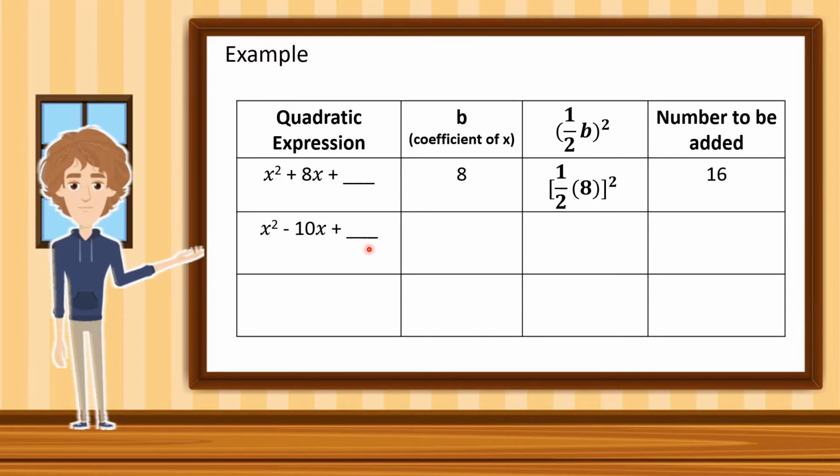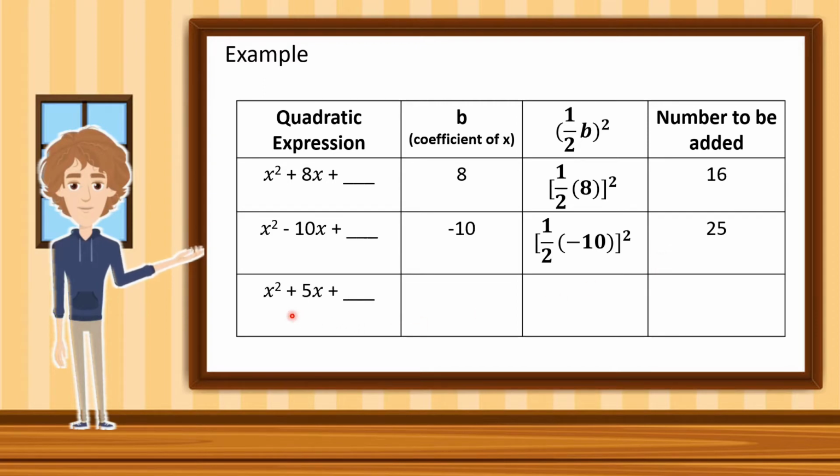The first thing we need to do is find the coefficient of x, which is negative 10. Substitute this negative 10 in the formula, and we will have 1/2 multiplied by negative 10 quantity squared. So negative 10 multiplied by 1/2 is negative 5, and the square of negative 5 is 25.